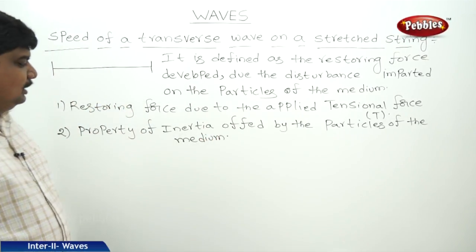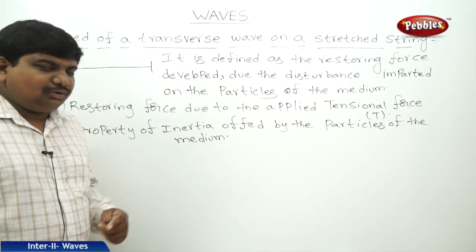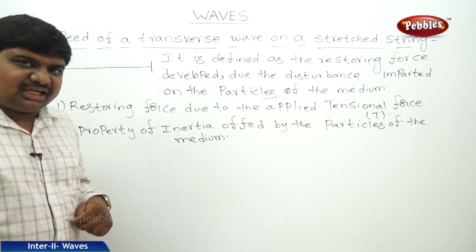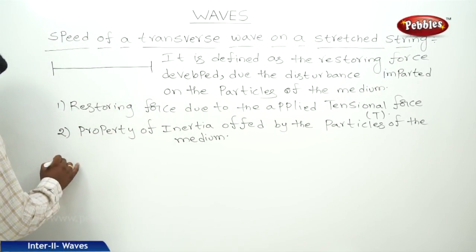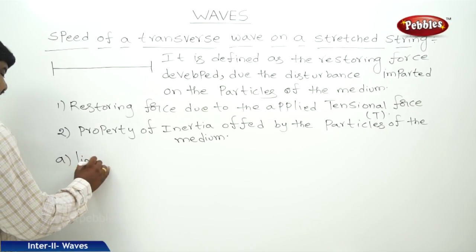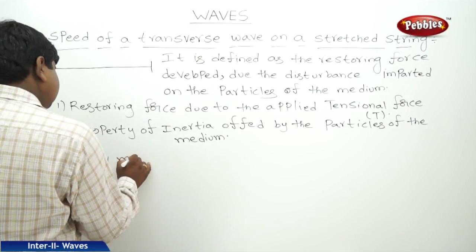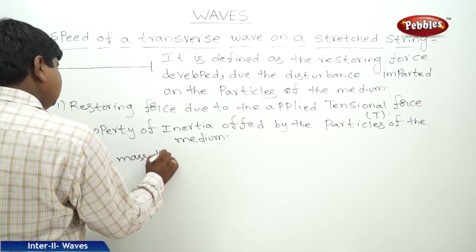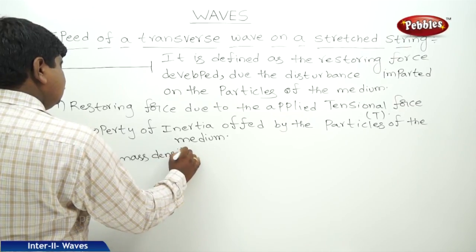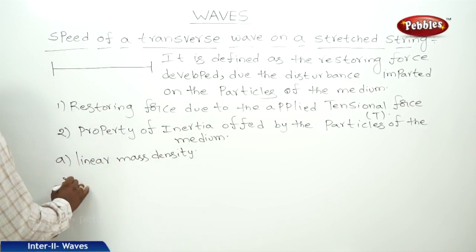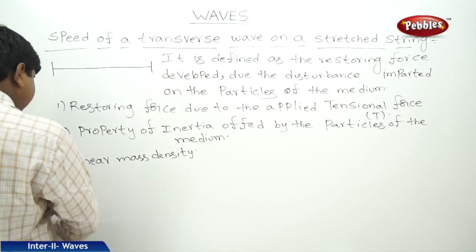So here two physical quantities are playing the key role to find out the speed of the transverse wave. One is linear mass density, and the second one is tensional force.